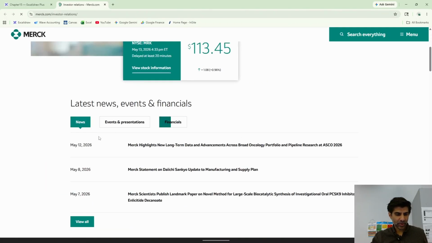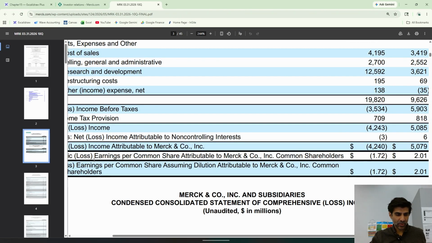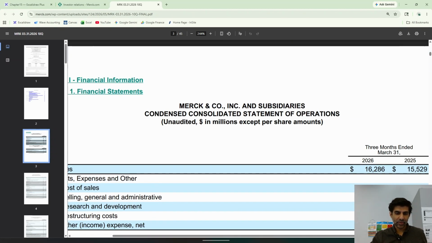So I think we looked at Merck. Look at their financials right here. Basic earnings or loss per common share, and they give you the amount here. So this is per share. This is the total. This is in millions, and they'll even say unaudited, dollars in millions except per share amount, right?